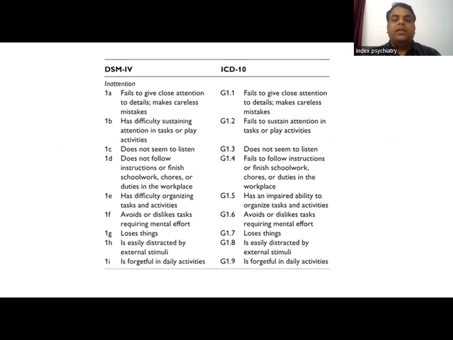In ICD-10, they say that he fails to give close attention to details, makes careless mistakes, fails to sustain attention in tasks or play activities, does not seem to listen, fails to follow instructions, has an impaired ability to organize tasks and activities, avoids or dislikes tasks requiring mental effort, loses things, is easily distracted by external stimuli, is forgetful in daily activities.